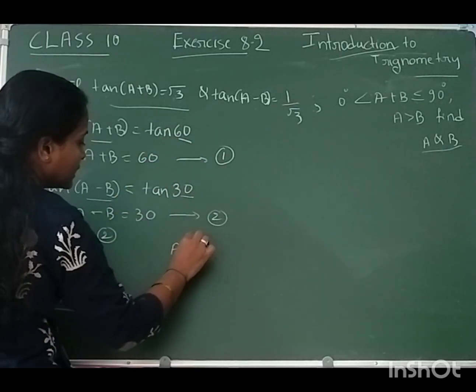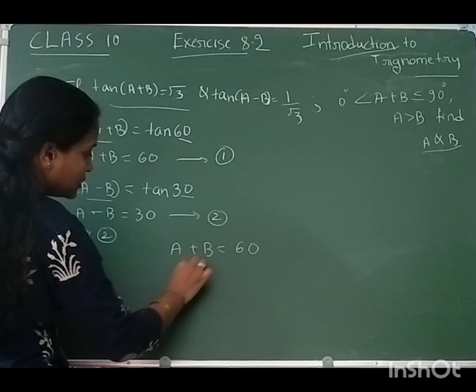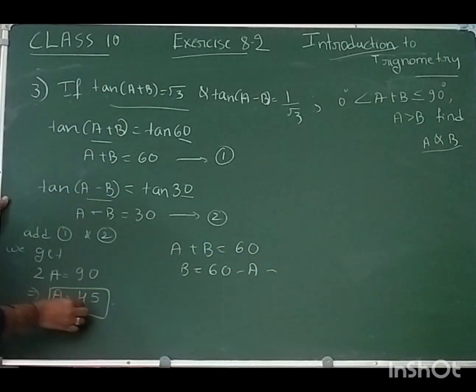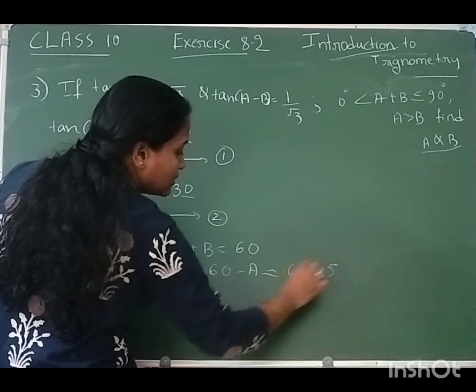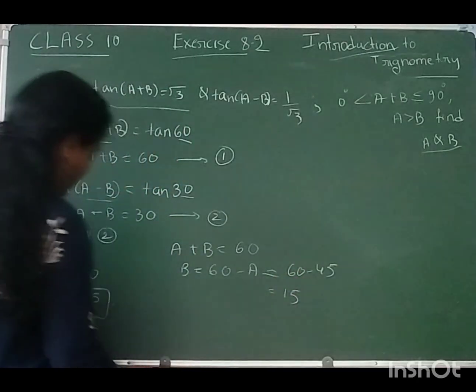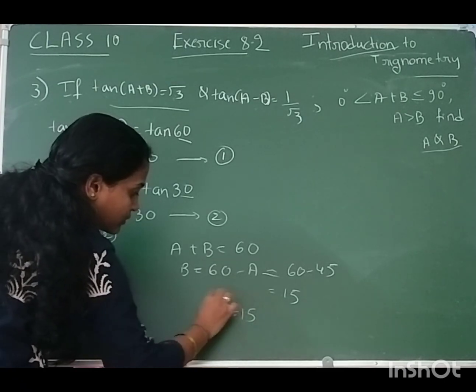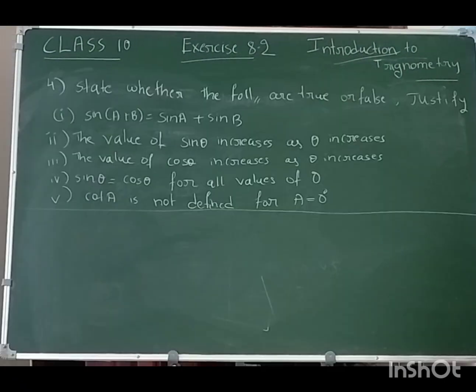Let's substitute in equation 1 to get the value of B. So B will be 60 minus A. We got A as 45. So 60 minus 45 is equal to 15 is the answer for B. So B is 15. So A is greater than B, satisfying the given criteria.